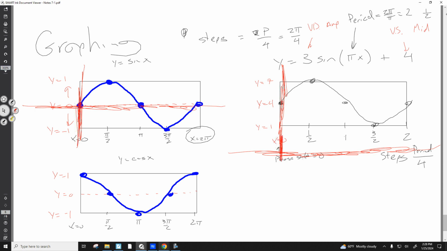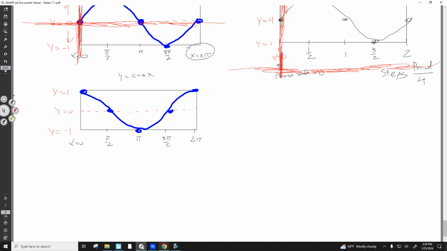Okay, now let's do another one. Ready? y equals cosine of 2x minus pi over 4. We start with our box.